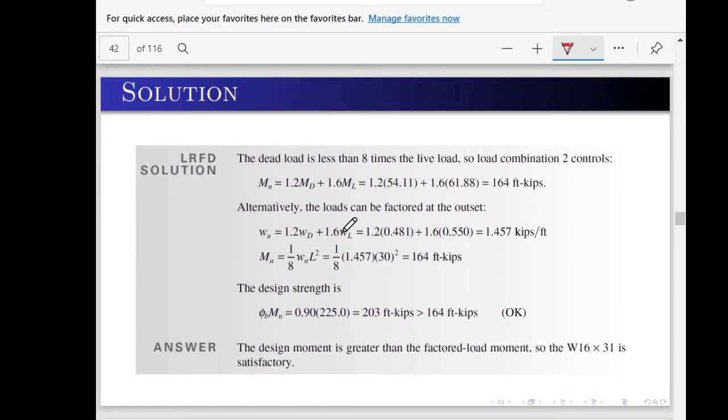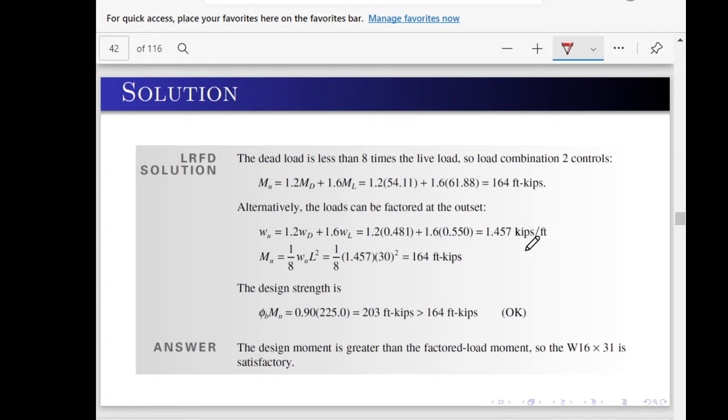Alternatively, you can use this procedure to get the factored moment. The loads can be factored at the outset. You can use the uniform load 1.2 dead load plus 1.6 live load, where WD and WL are your uniform loads for dead load and live load.